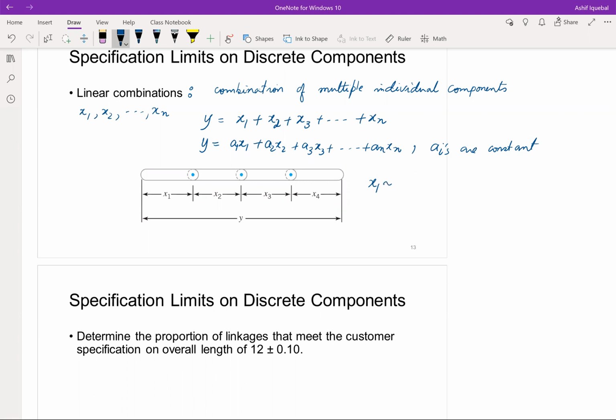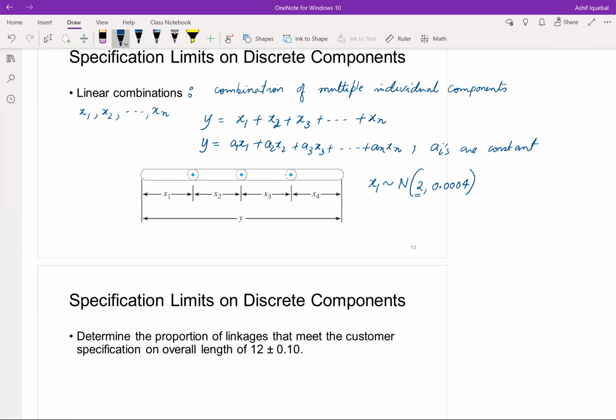So x1 follows a normal distribution with mean of 2 and variance of 0.0004. The mean of x1, which is 2, is what we consider the nominal value.